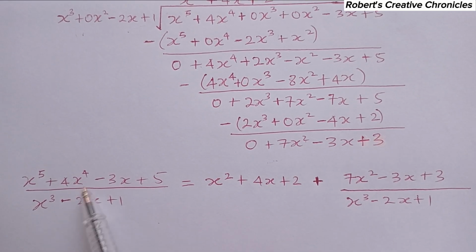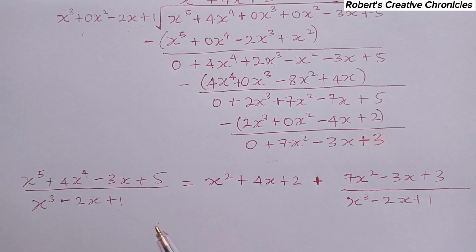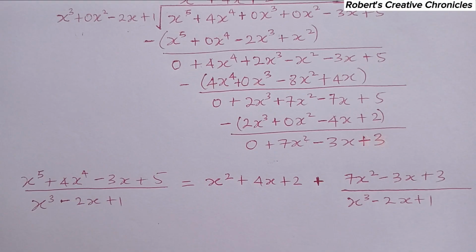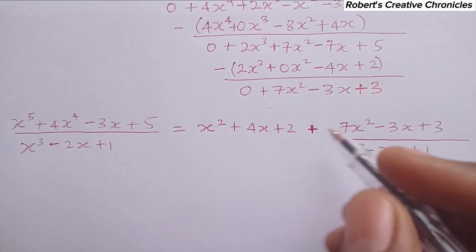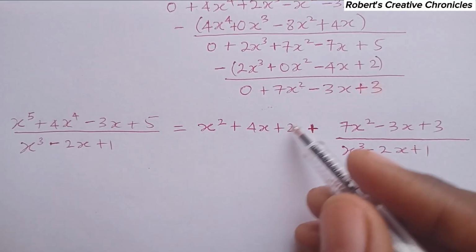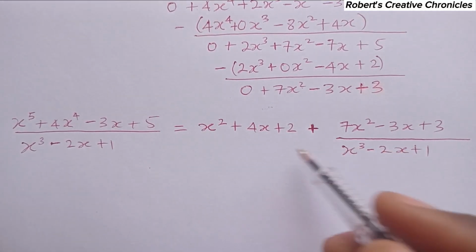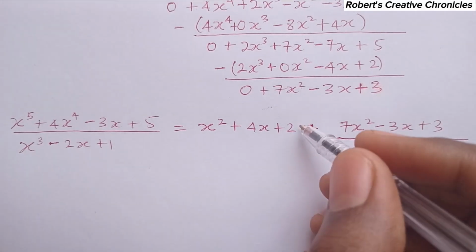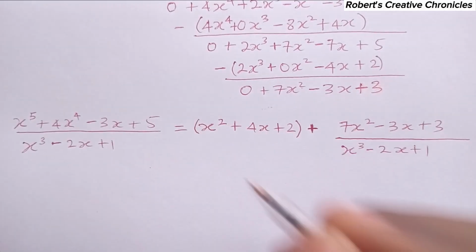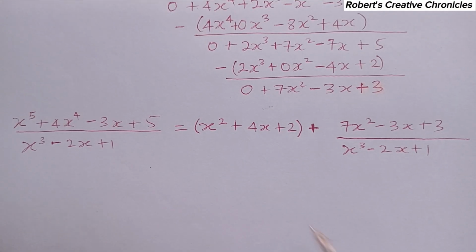If you test and it gives you this, that means your calculation is correct. So this is how you use long division to divide two polynomials. You can also put this in brackets if you wish to distinguish this from this, but it's the same thing. So you can put it like this.